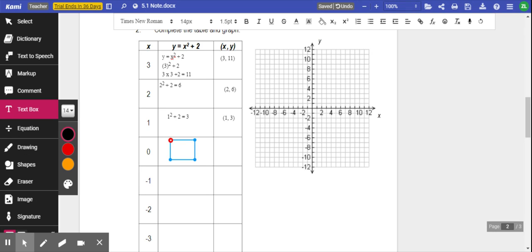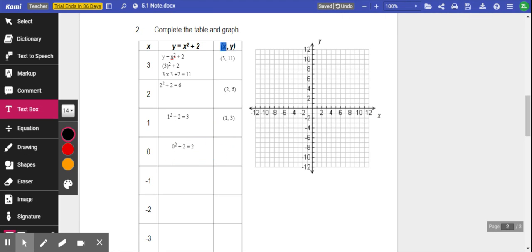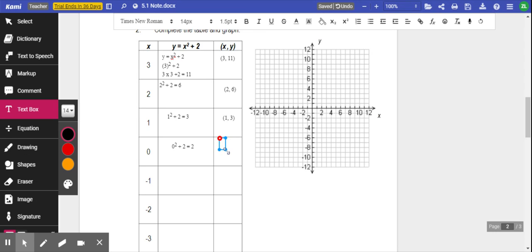Now over here we've got 0 squared once again. You know 0 squared being 0, plus 2 equaling 2. And if we put it into our coordinates, we have 0 from the x and 2 in the y.